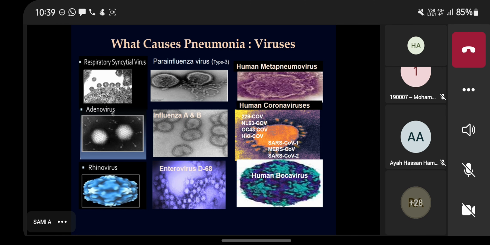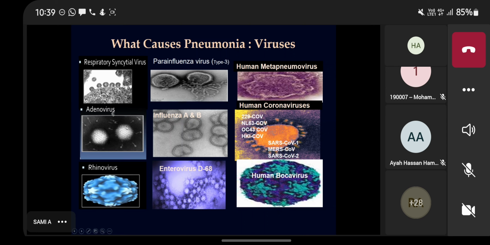Now, viruses are a common cause of pneumonia among toddlers and preschoolers. RSV is common in young children. And statistics show that as many as 20 to 25% of infants with pneumonia who require hospitalization are infected with RSV. This is followed by parainfluenza type 3.